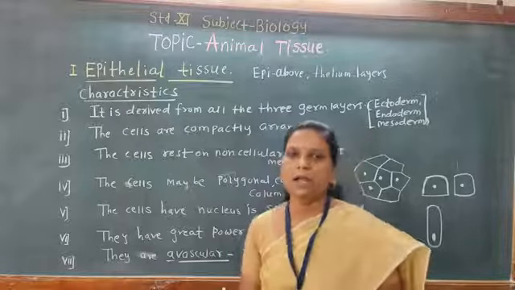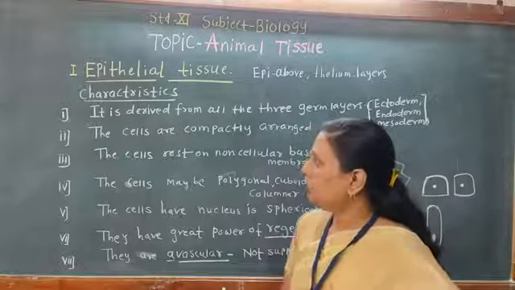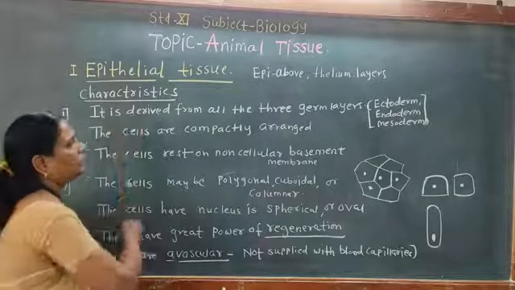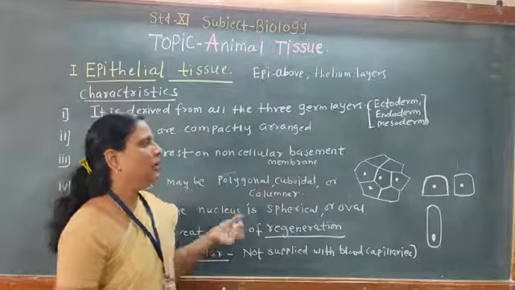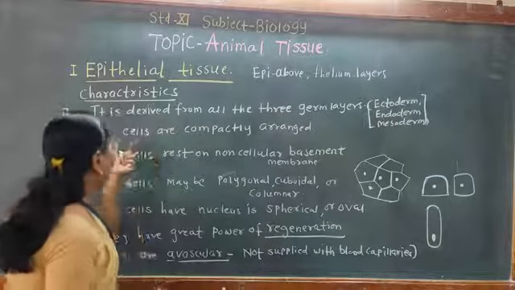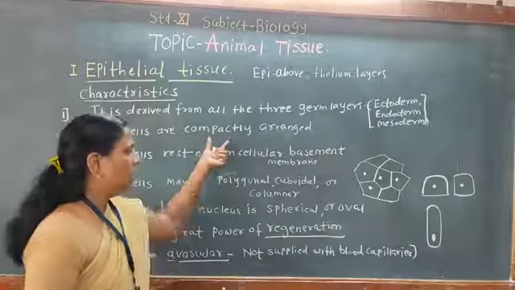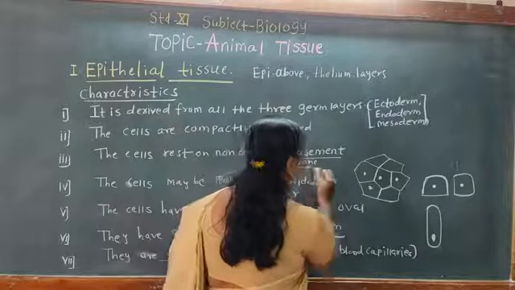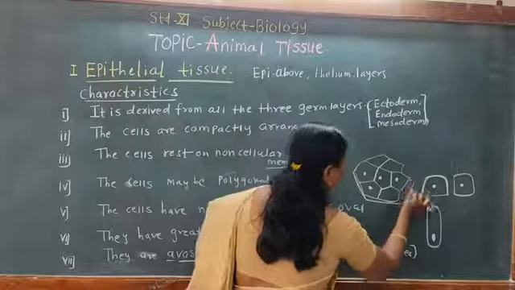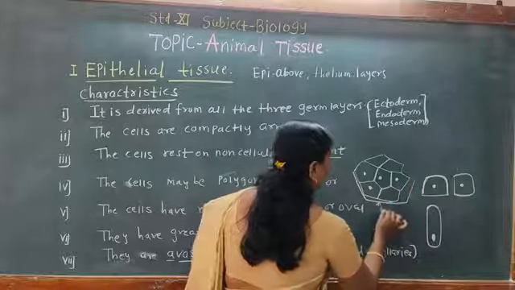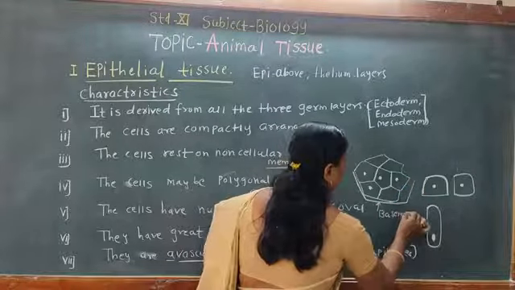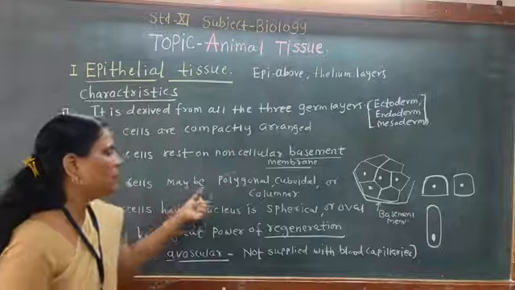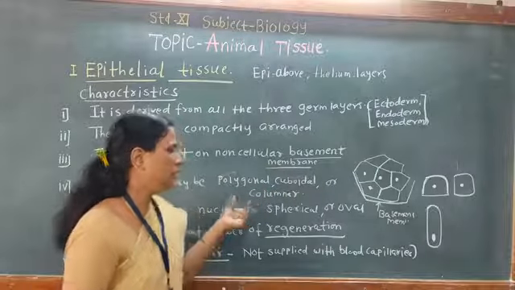Now we are going to study the classification of epithelial tissue. Before that, see here, the first characteristic we have studied: it is derived from all three germ layers, ectoderm, endoderm and mesoderm. Next, the cells are compactly arranged and rest on a non-cellular layer called the basement membrane. Then the cells may be polygonal, cuboidal or columnar in shape.